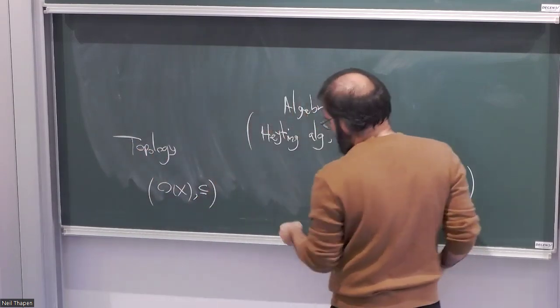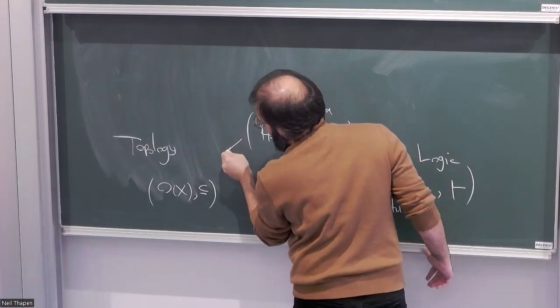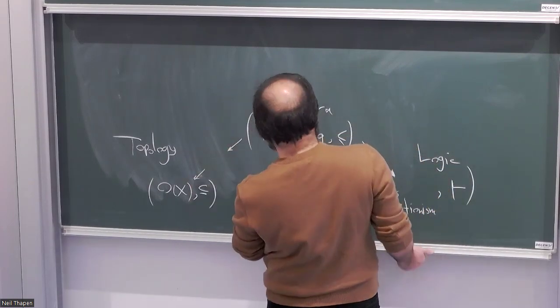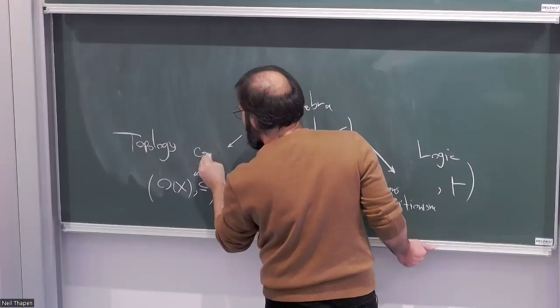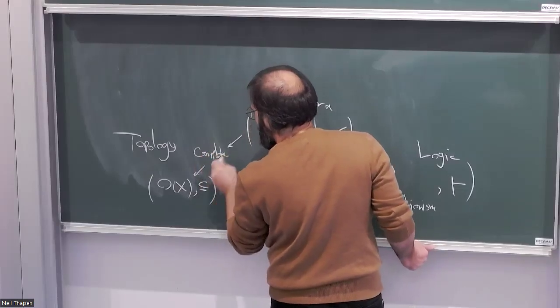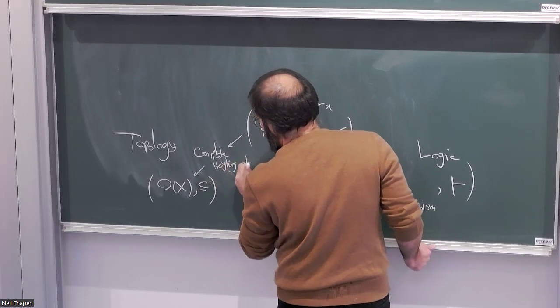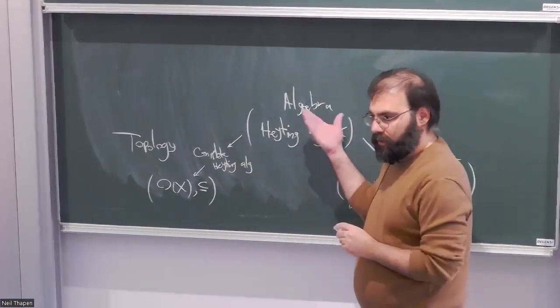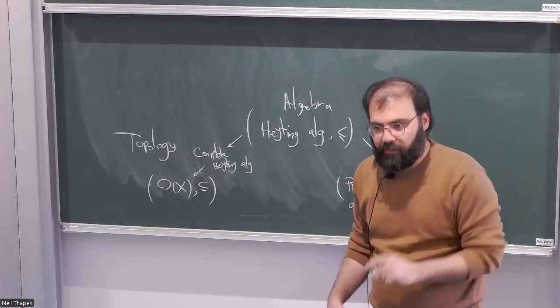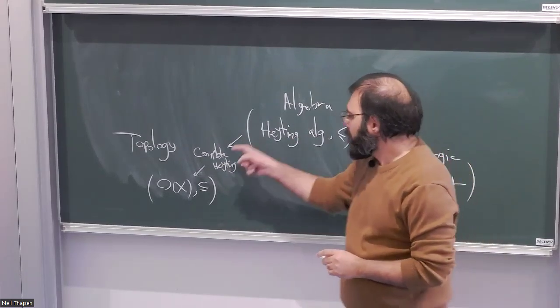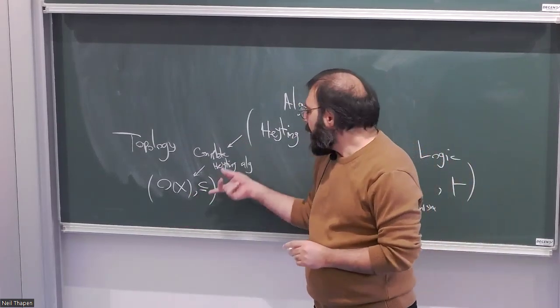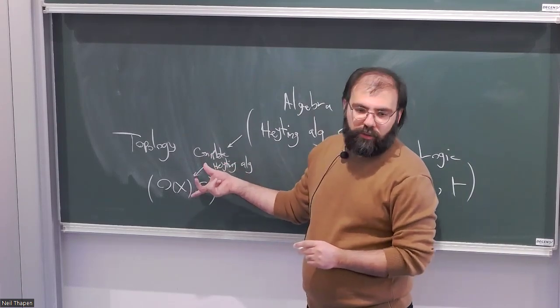And this connection is loose, so really something is between. Something is there that is just complete Heyting algebras. So a complete Heyting algebra is just a Heyting algebra when you have all the limits, say, right? There's something in between, and then these two are kind of close to each other.